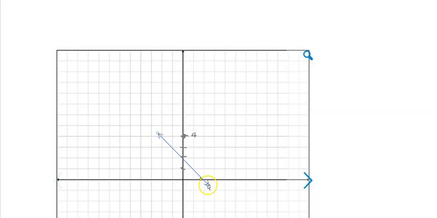All right, we're getting close here. Not quite perfect yet, but you kind of get the idea. So here we're going through those 2 points, and that gives us our line.